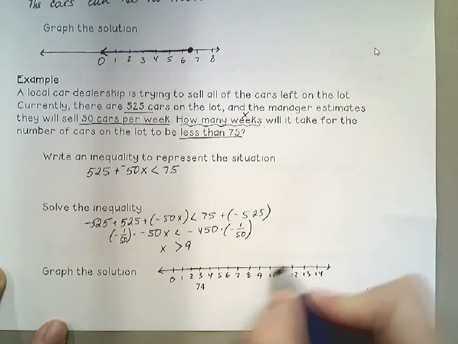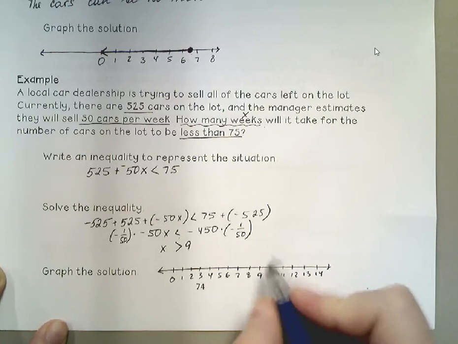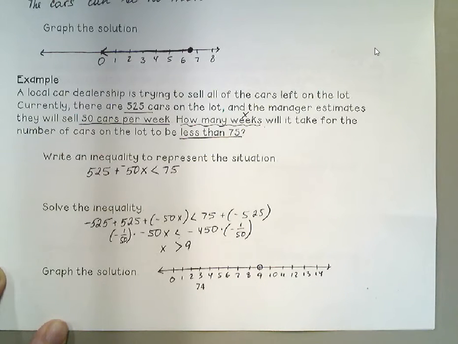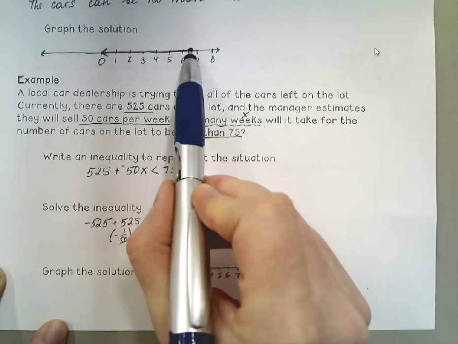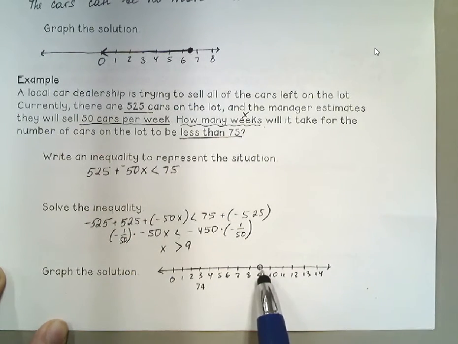9 cannot be a solution. The x has to be greater than 9. So I'm going to draw a circle on the 9, but I'm going to leave it blank. I'm not going to shade it in like I did before here. 6.5 here was included in our solution. 9 is not included, so we cannot shade it in.